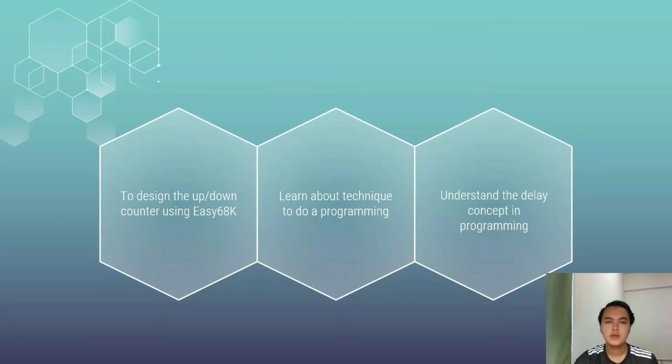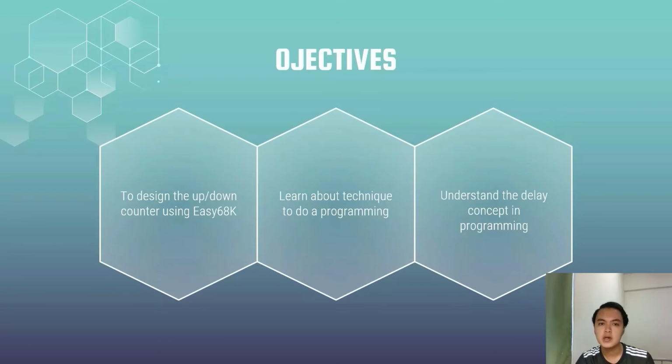Assalamualaikum and hello. My name is Muhammad Farid bin Jasman. Now I would like to present about the objectives of this project. First, to design the up-down counter using 68K, to know how to display every number using 7 segments through 68K hardware.